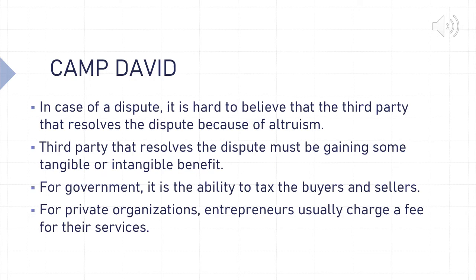It is hard to conceive of an unmotivated benefactor simply entering a dispute between two parties and making up the difference between their offers. Such a third party must, it would seem, also derive some benefit, tangible or intangible, from the settlement of the dispute. Benefits may take different forms.